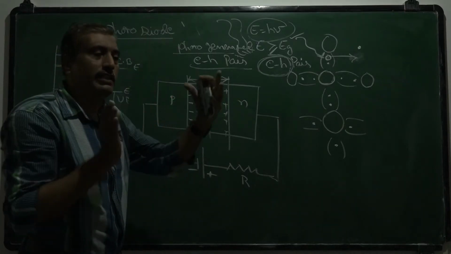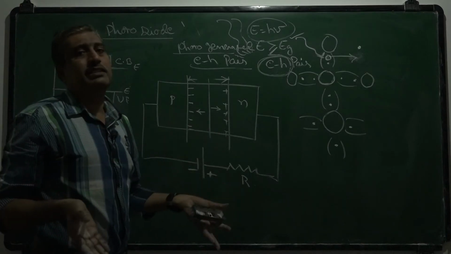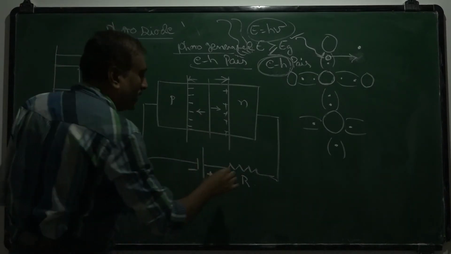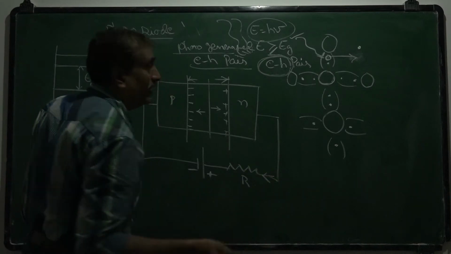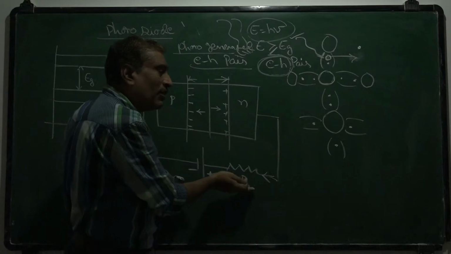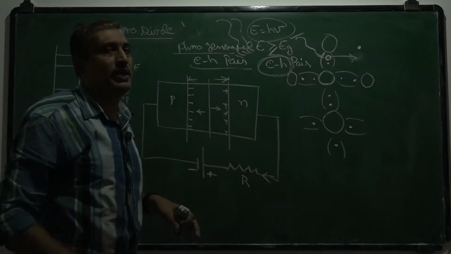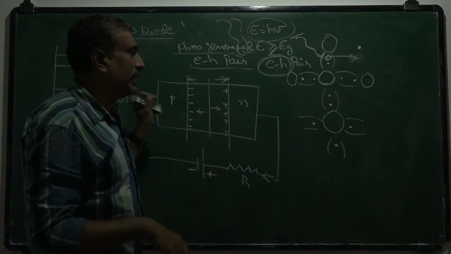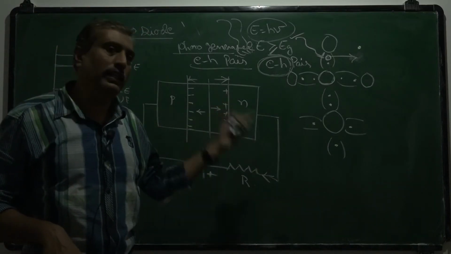As the depletion layer decreases, resistance decreases, so current flows across this junction. If there is no light, a small amount of current is flowing through this PN junction due to minority carriers, and that current we call the saturation current, dark current or leakage current.